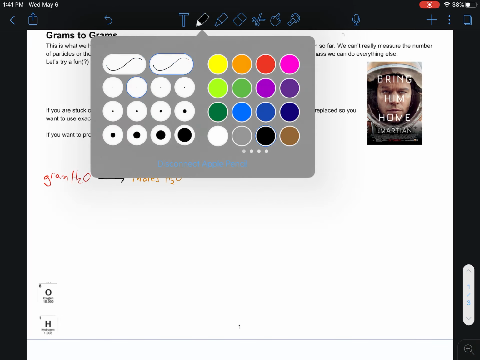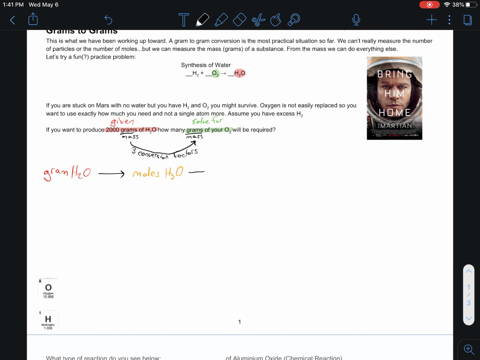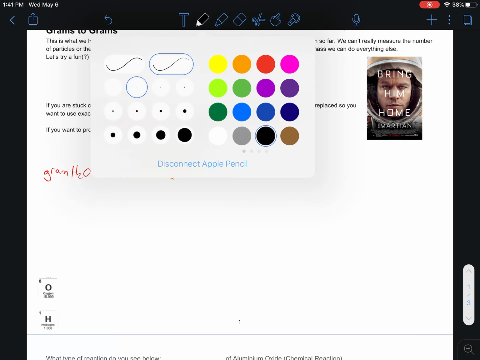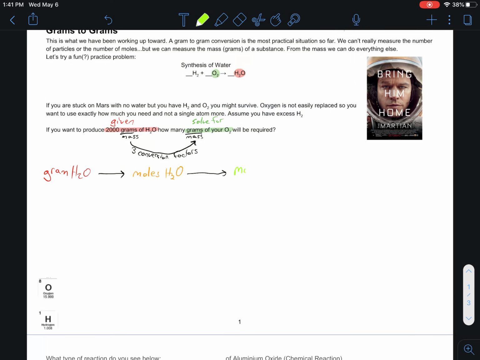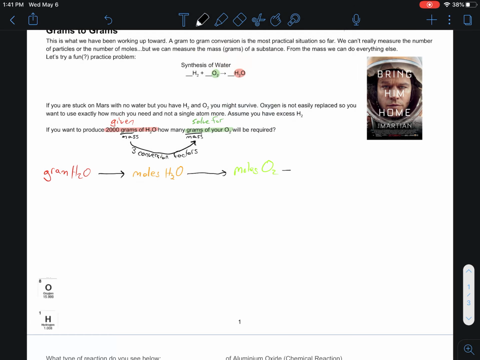From there, because we cannot go directly from grams to grams, we're going to convert that again, but this time to moles of the other molecule, O2. Finally, we are going to convert that one last time to grams, or mass, of O2.